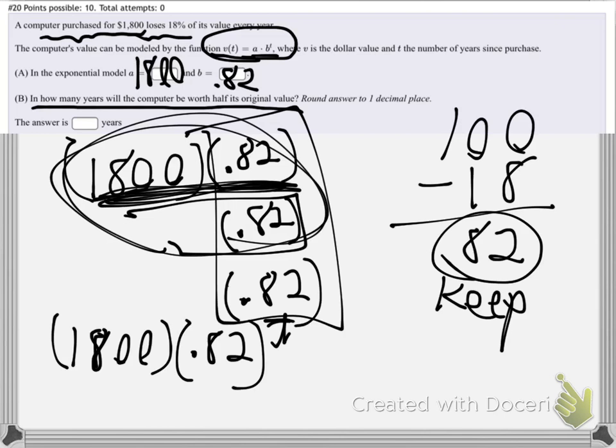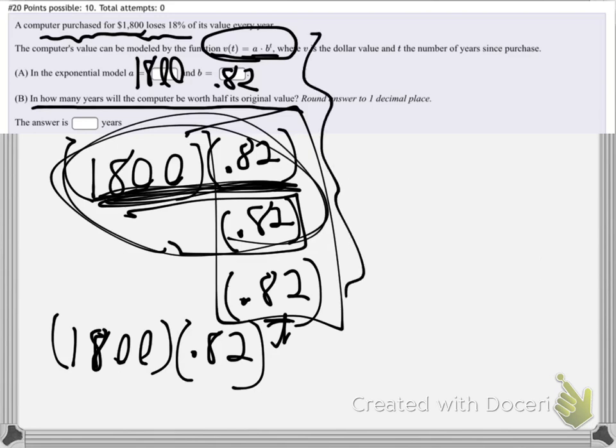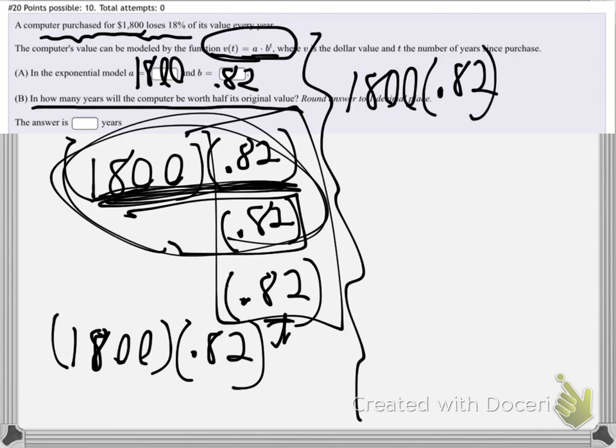There are different ways of handling this. What I would do is say it started at 1,800, and I'm going to times that by a bunch of 0.82s to some power that I'll have to figure out. That's the t, which is time. I'm supposed to figure out how much time it takes to get to half of its original value.